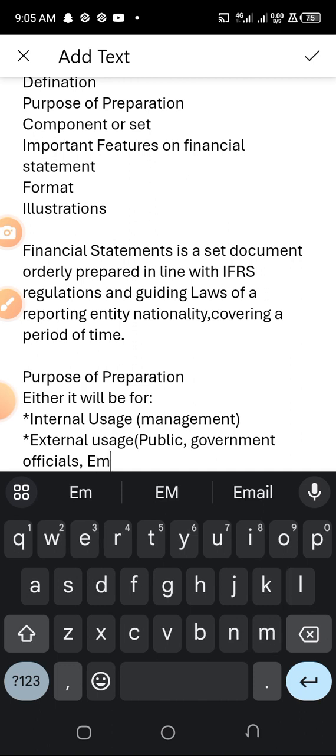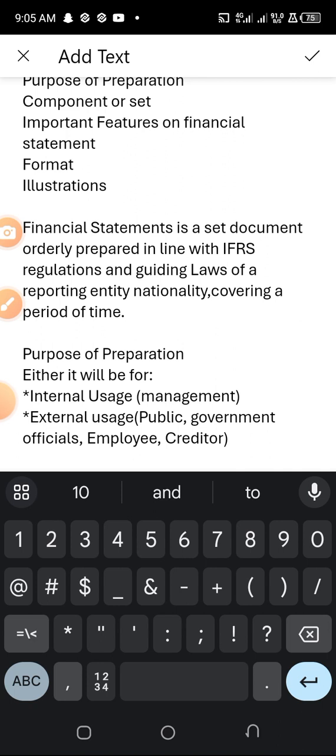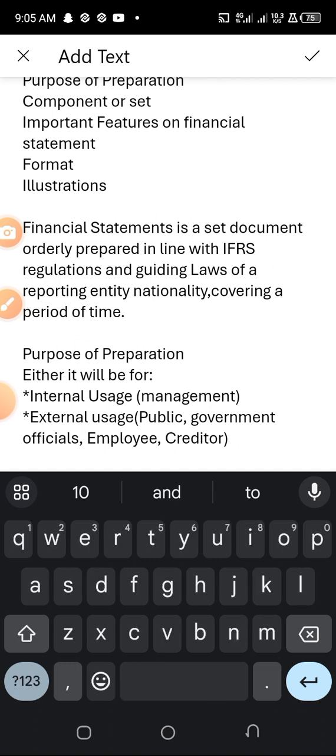Even employees also make use of it. You have creditors, lenders, and a host of others that also use it. So when financial statements are prepared for external usage by these public users, they are known as published accounts. If they are not published, the members of the public cannot use them.